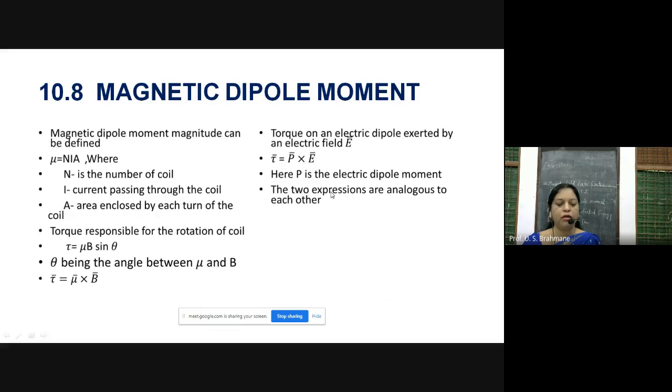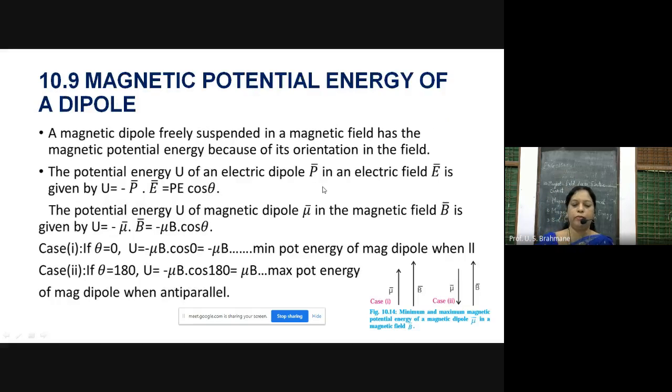Then we'll switch on to the next topic, that is magnetic potential energy of a dipole. Here you see a magnetic dipole. If a magnetic dipole is suspended in a magnetic field, because of its orientation, the magnetic potential energy is developed. A magnetic dipole freely suspended in a magnetic field has the magnetic potential energy because of its orientation in the field.